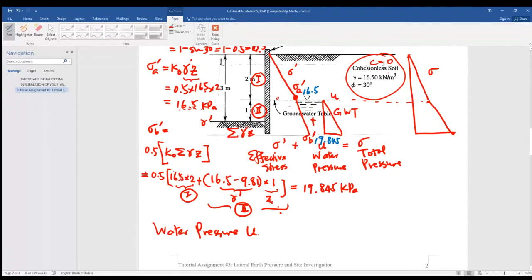The UB, the water pressure at the point B: 9.81 times the depth of the water, 1 meter, so equal to 9.81 kPa. So we write it down.